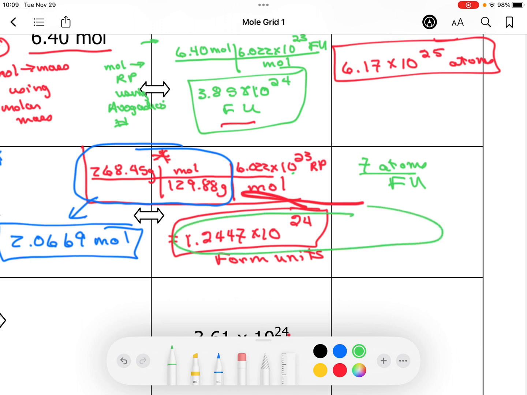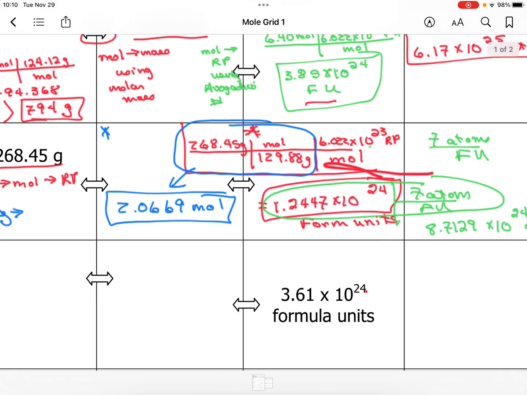So if I take this number times 7 atoms per formula unit, I get 8.7129 times 10 to the 24th atoms. Okay.